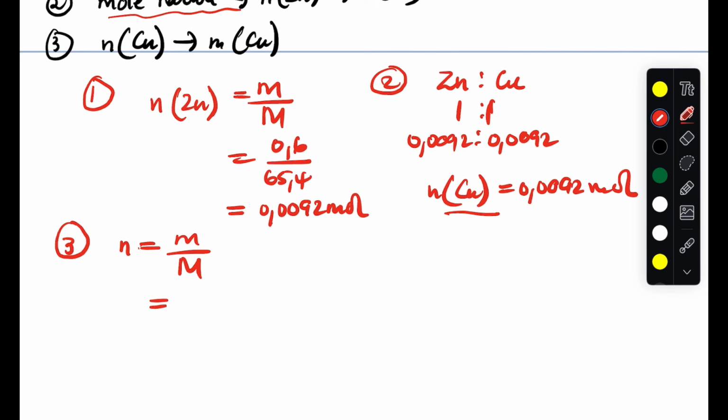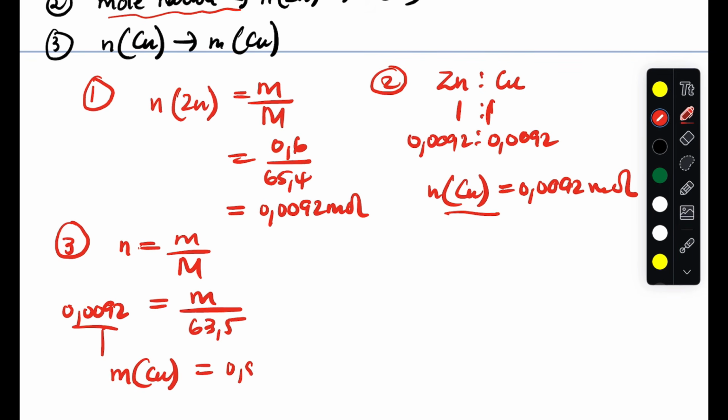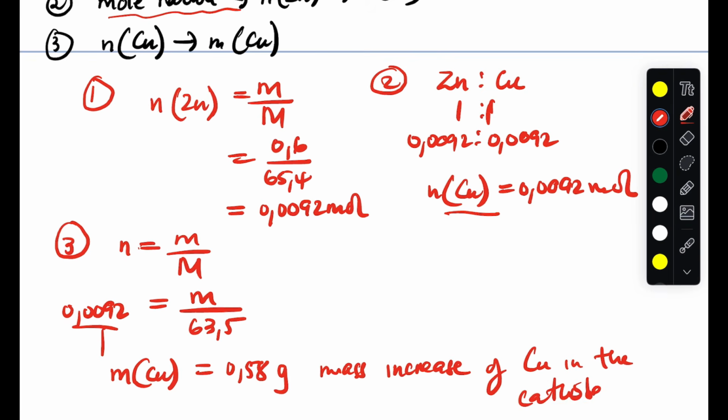The number of moles is 0.0092, the mass is what we want, and the molar mass of copper is 63.5. If you cross multiply, the mass of copper is going to be 0.58. So this is the mass increase of copper in the cathode, right?